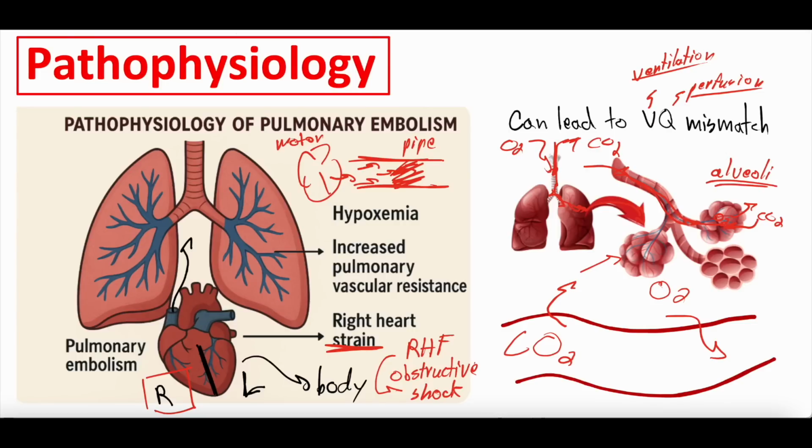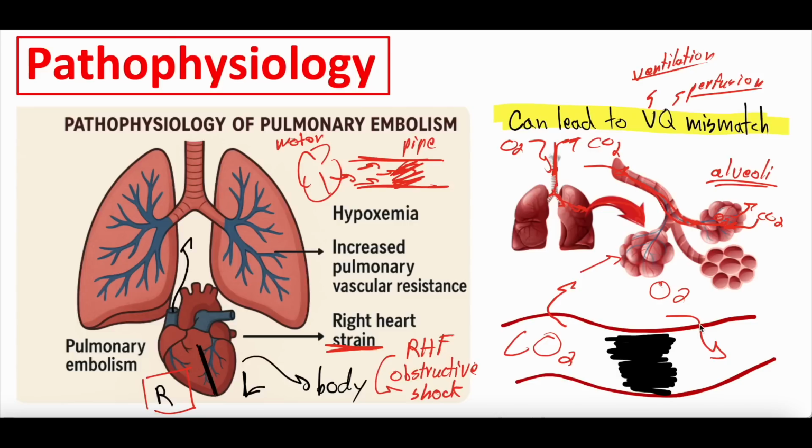When you have a bad blood clot, you get ventilation perfusion mismatching. Because what happens is you have a huge blood clot in this blood vessel, right? So there's no longer blood flowing through this blood vessel, and that means there's no longer blood getting to the alveoli for gas exchange.